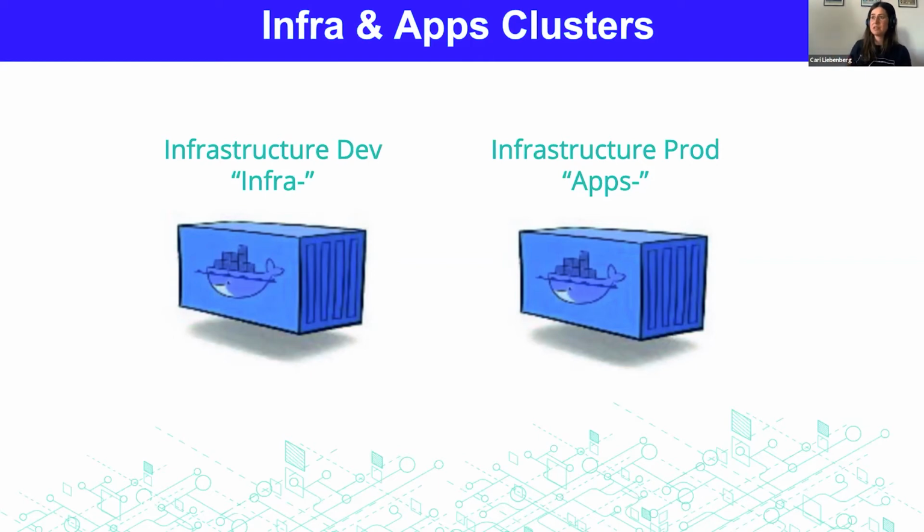So it's kind of like a dev for infrastructure, and then apps becomes like the prod for applications. And then inside of applications, the developers will have their staging, dev, pre-prod, prod environments and namespaces. So it's kind of like layered environments from infrastructure level all the way down to your applications level.